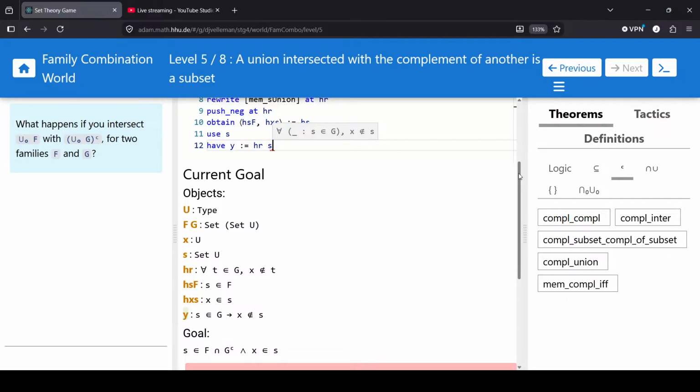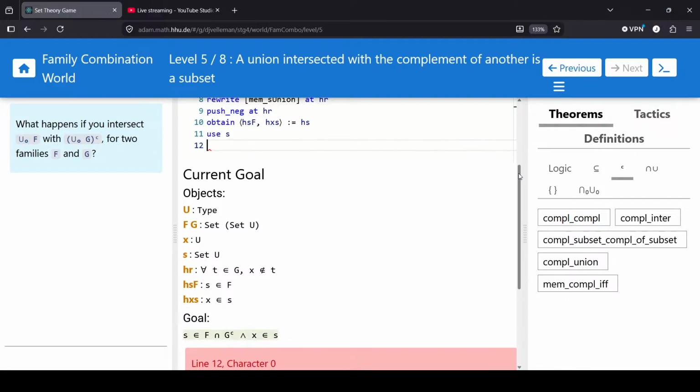Well, yeah, we also would need to be able to prove that S is in G, which was kind of the original problem. I don't know. This is weird. Is there something else I should be using here?